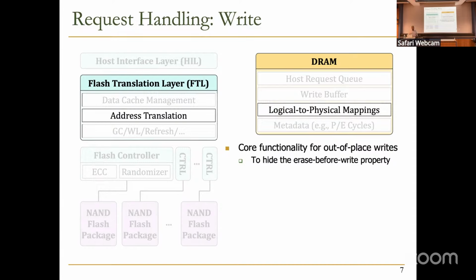So now the problem is that when you want to update a page, this page has been stored in a flash, let's say, block that consists of several pages. So when you want to update that page, if you want to do in-place write, you need to copy everything that has been stored there, which might be hundreds of pages.